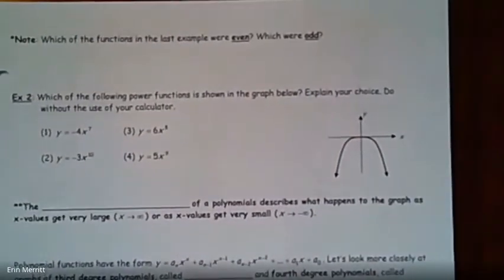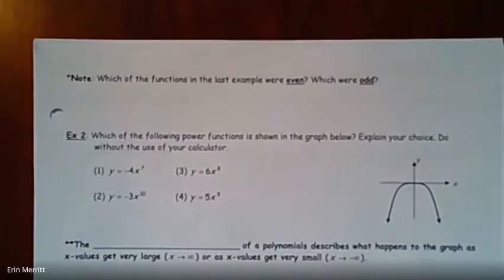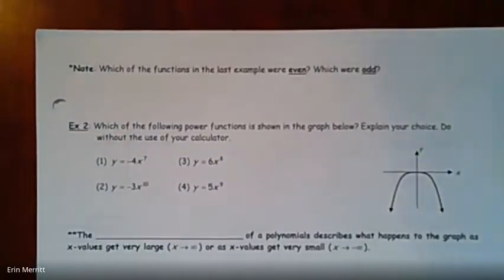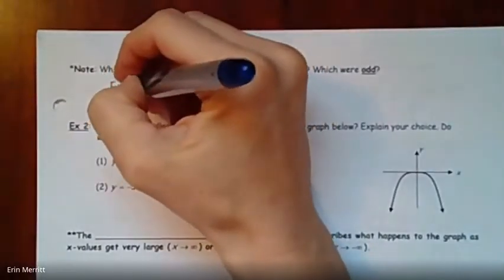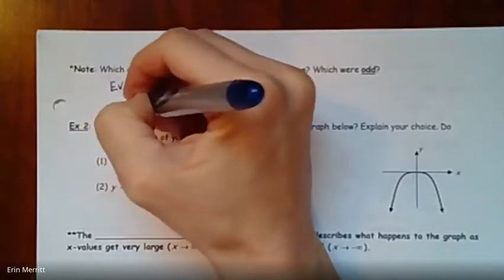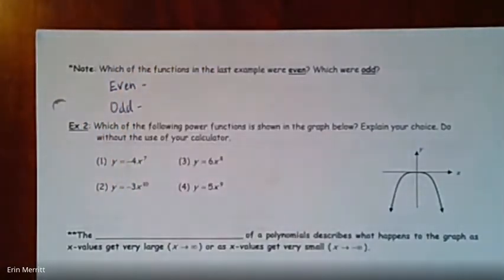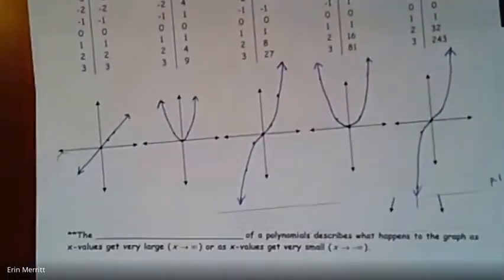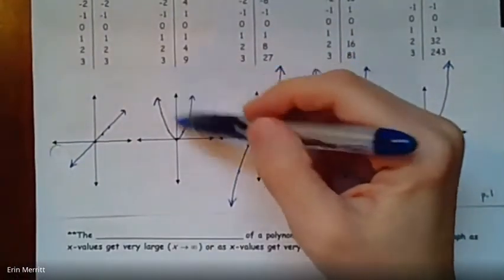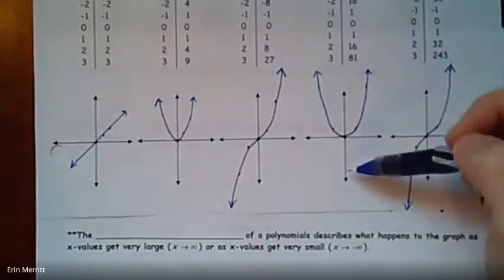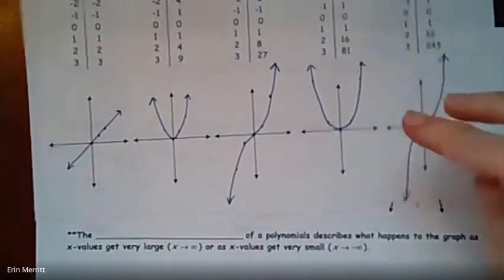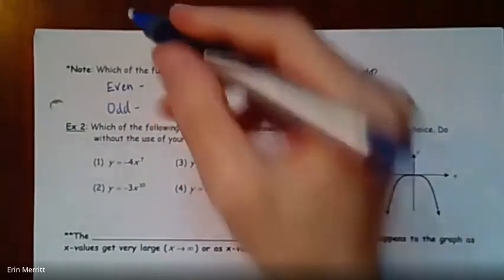So it says, note which of the functions in the last example were even, which ones were odd. All right, well, even functions, we're going back a little ways. Even functions means they have y-axis symmetry. So when I bring back that page, the ones that had nice y-axis symmetry were the x squared, the x to the 4th, the ones with even exponents.